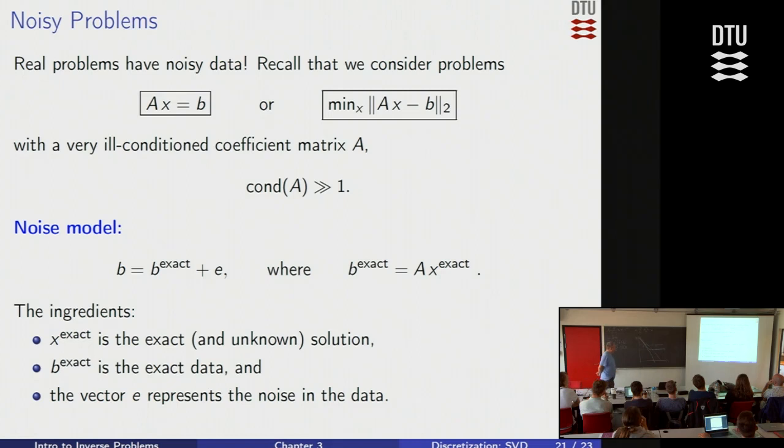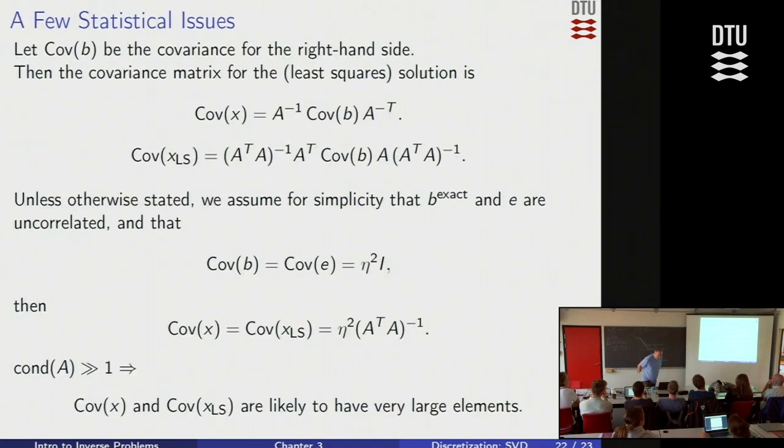And to do that, we just have to say a little bit about the machinery underlying that. Here's a little bit of statistics. If you have taken courses in statistics, you will be able to say much more than I do here. But there are some useful relations.